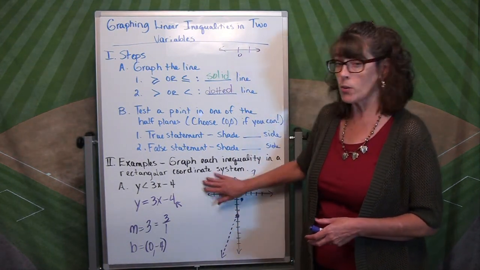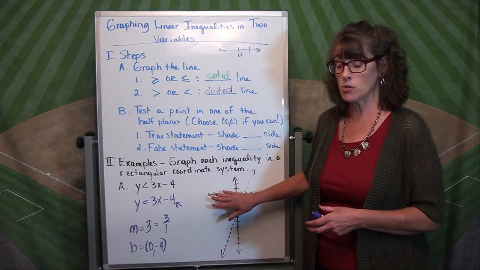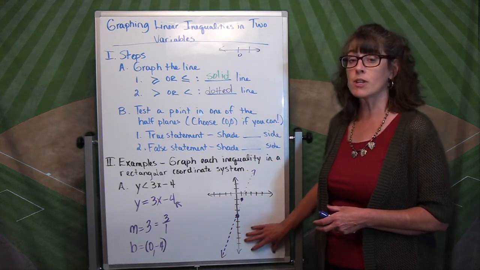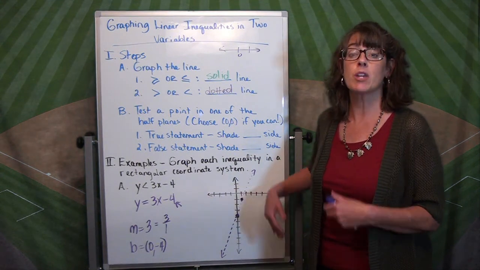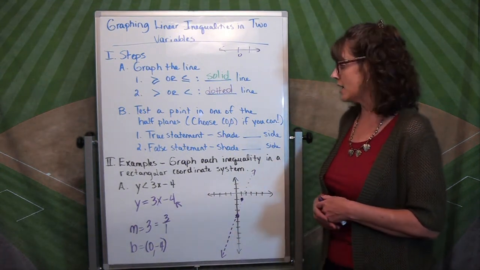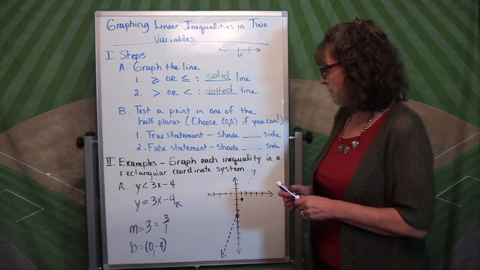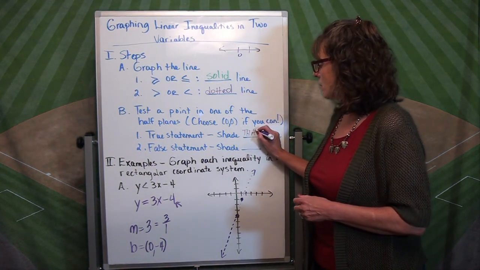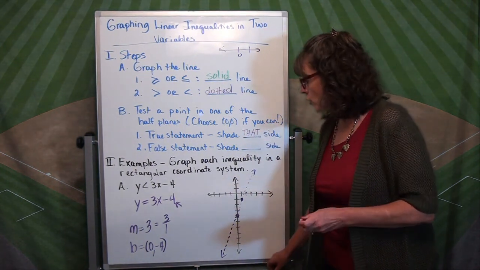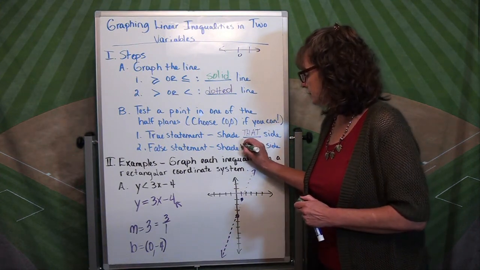Everything over here will not create truth and not be solutions. So everything on the other side will create truth. So all the solutions will be on the other side and you'll shade that other side. So true statement, you shade that side, but false statement, you shade the other side.